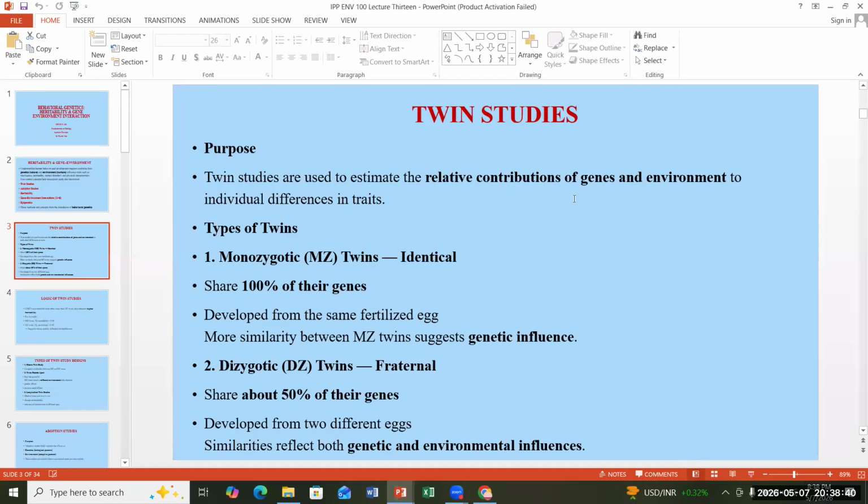If we want to study nature and nurture role in the development of an individual, two types of twins can be studied. Either it can be monozygotic twins.